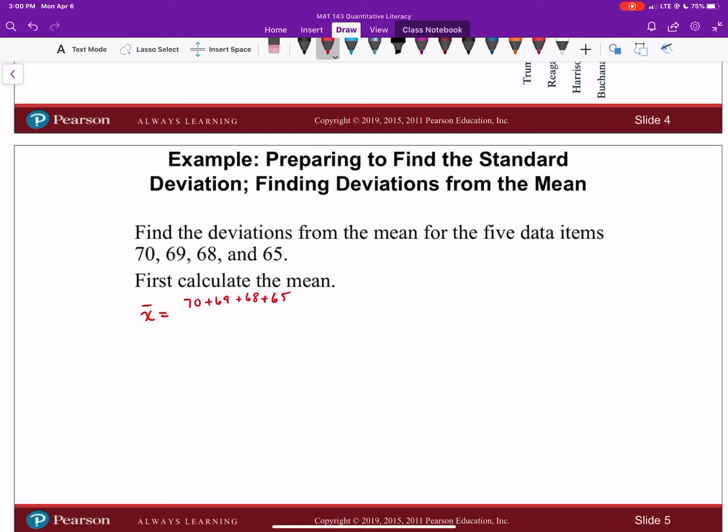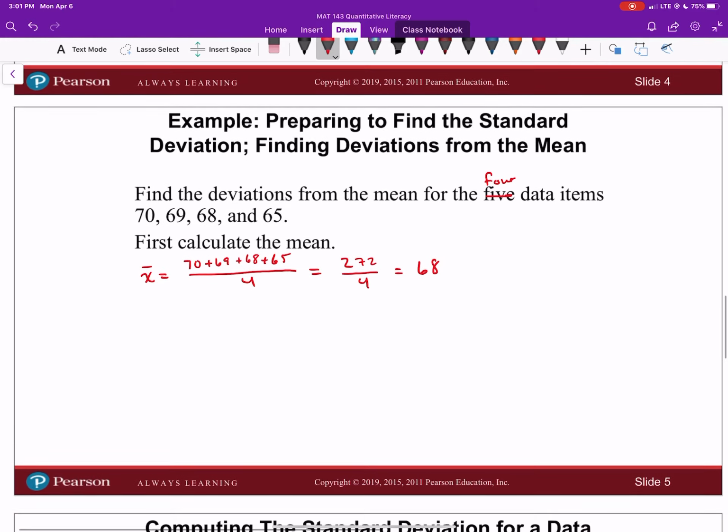We're going to change this because it should be 4. Therefore, we get 272 over 4, and that'll give me 68. So our x bar, our mean, is 68.